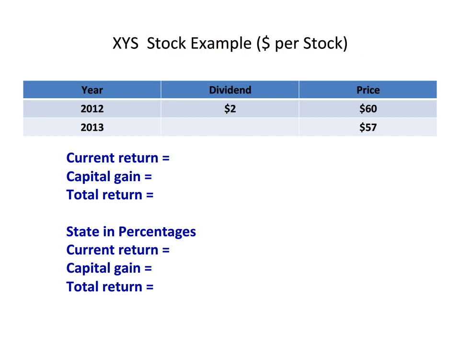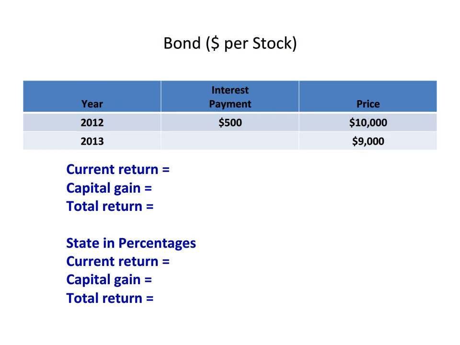Here's another example from our XYZ stock example, and you can see the dividend and the prices. One of the homeworks is to calculate the current return, capital gain, and total return for this example stock. Here is another example, bond return. Here the current return is the interest repayment, or the current cash flow, and you see the prices there.